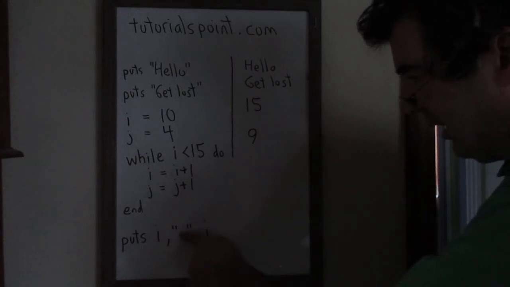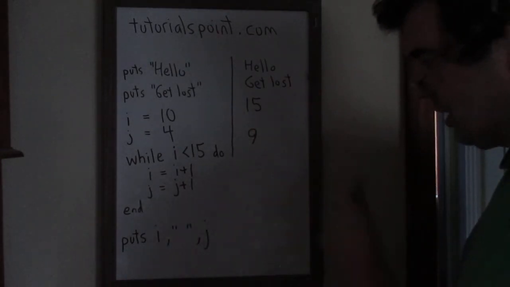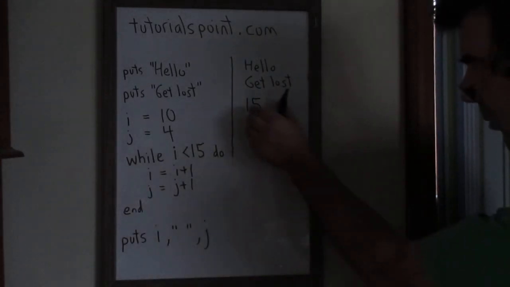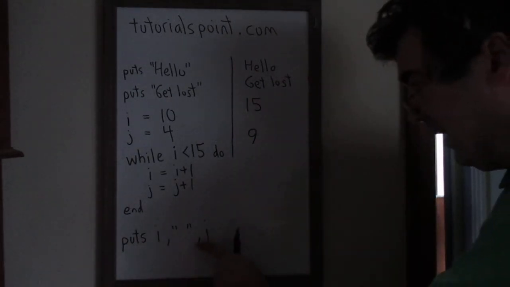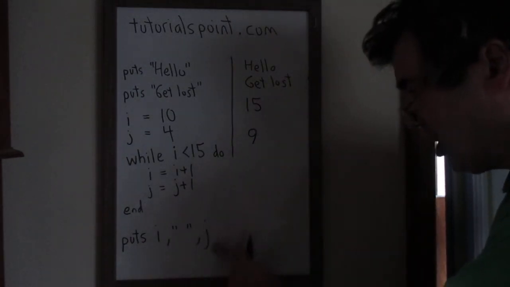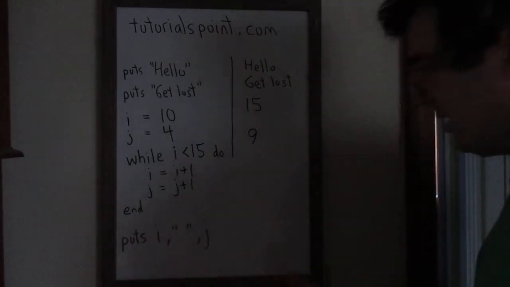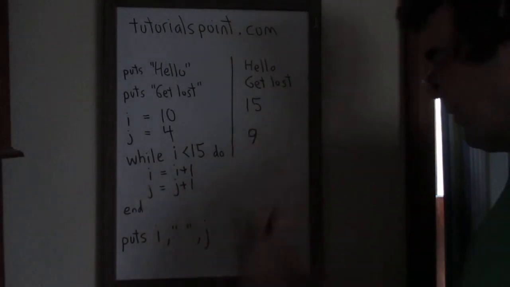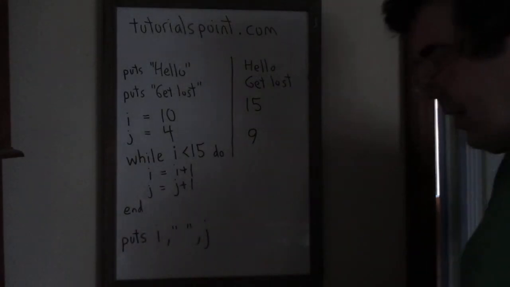It prints a space, which tells me I don't really need the space. I was afraid that the 15 and 9 would get clumped together with no white space. That's why I put that there. Then comma, then it prints out j, and j is now the number 9. So this print statement tells you that at the end of the program, the value of i is now 15 and the value of j is now 9. That's the reason for the print statement.